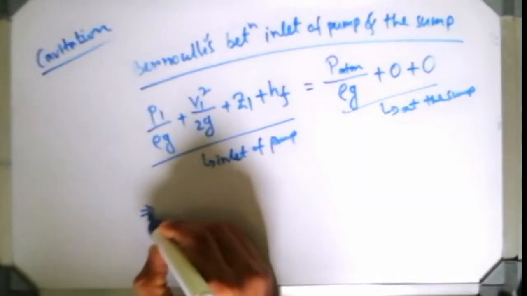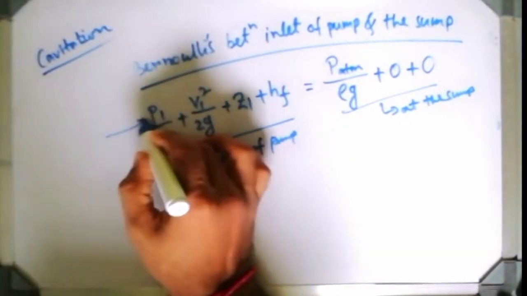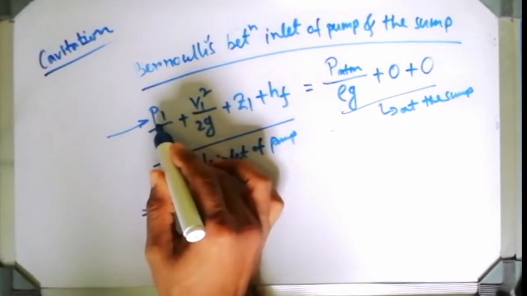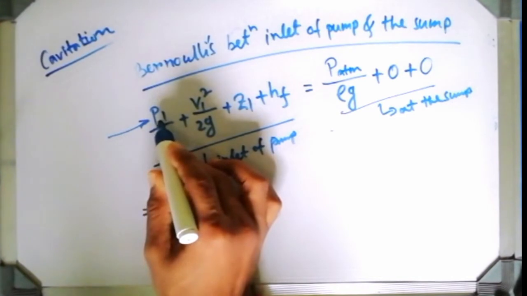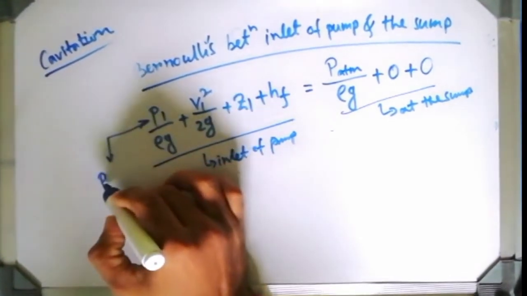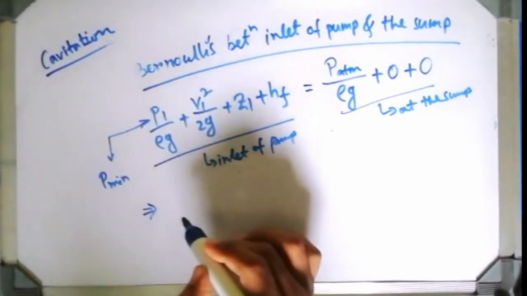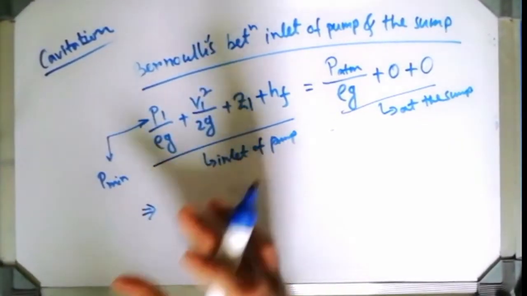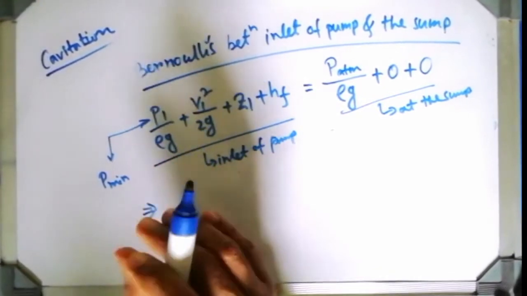Now what is this pressure? That is the pressure needed at the inlet of the pump. I replace that P1 by P minimum. Why am I putting P minimum? Because that is the minimum pressure required at the inlet of the pump.